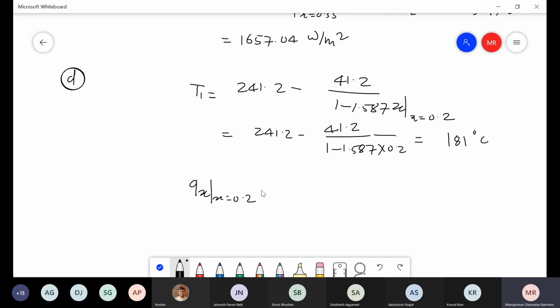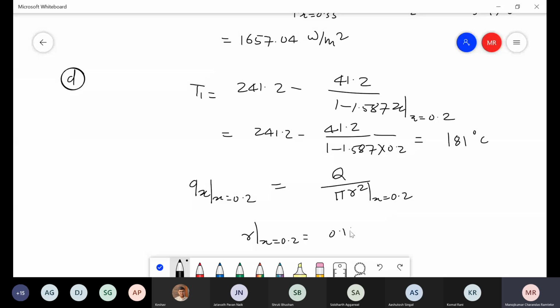Qx at x equals to 0.2. So that means you have to find out Q divided by pi r square, and this r square should be at x equals to 0.2. So find out r at x equals to 0.2. So r is related to the x, and that relationship we have already written, isn't it?